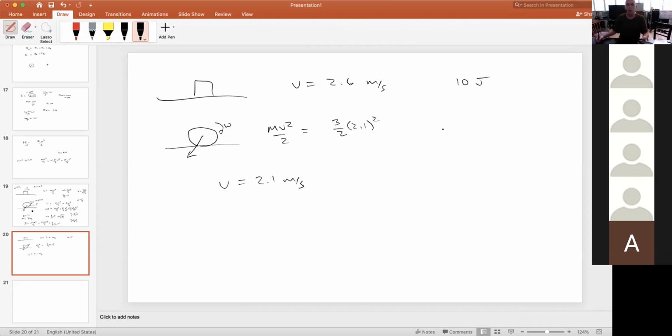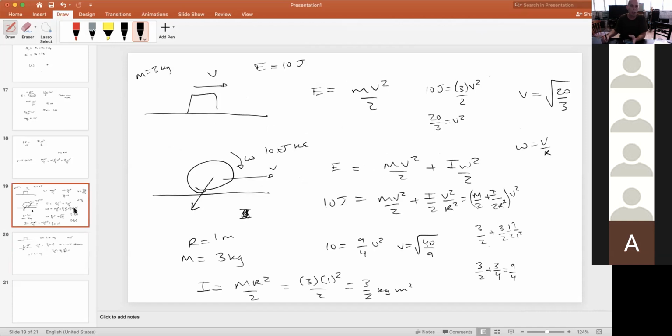It would have 6.615 joules of kinetic energy of translation, meaning to the right, just the straight line motion of the center of mass, plus it would have I omega squared over 2, which is I times a half times v squared over r squared. Omega squared is that.